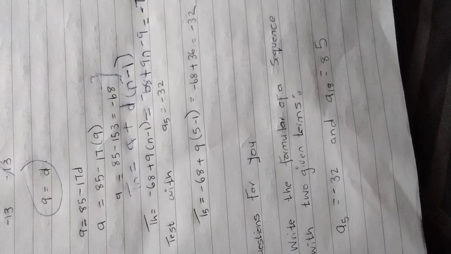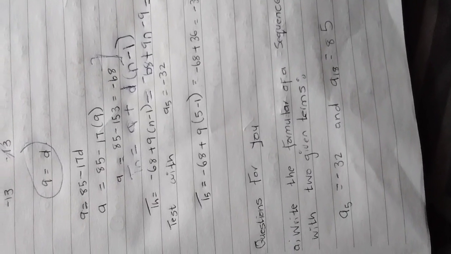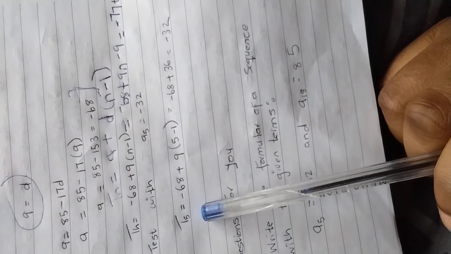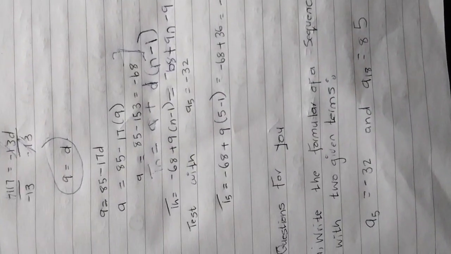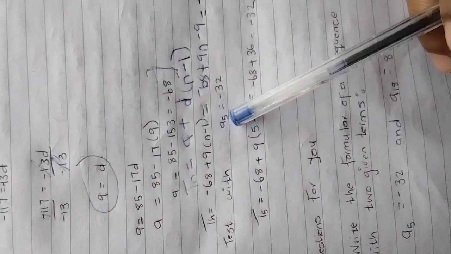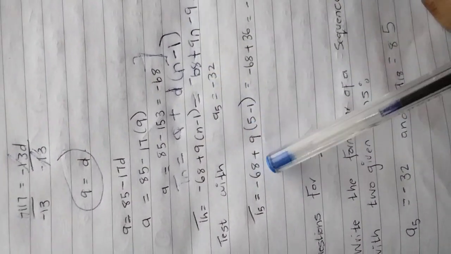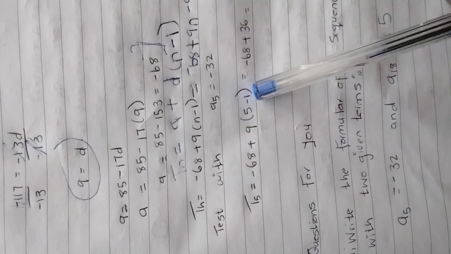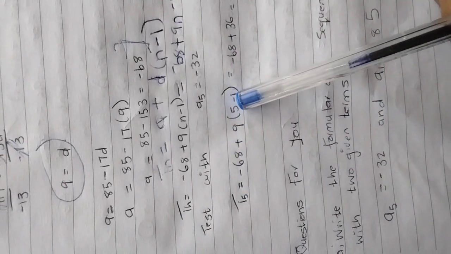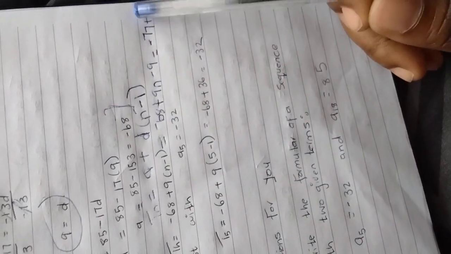So I always tell you, you should always test your formula. After finding your formula, you test it with the given terms. They gave us that A5, which is basically T5, equals minus 32. So where you see your N, you put 5. I used this one, not the final product.